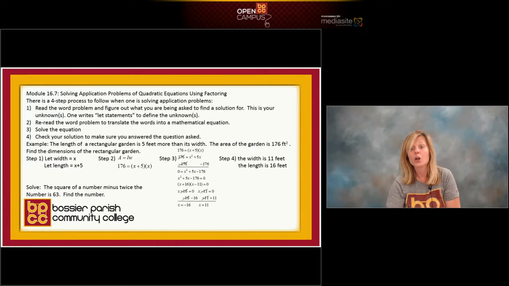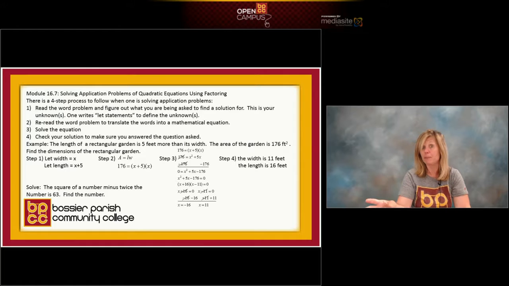And you're wrong, because you have to go back and read, and it has to make sense. Can length and width in real life be a negative number? No. So that negative 16 is a useless piece of information, so just throw it out. The x answer is 11. So now, to answer what the length and width are, you take that 11, because length and width can be positive, and you sub it in.